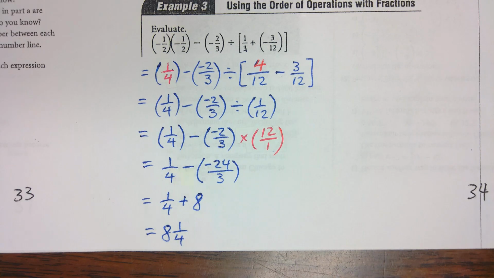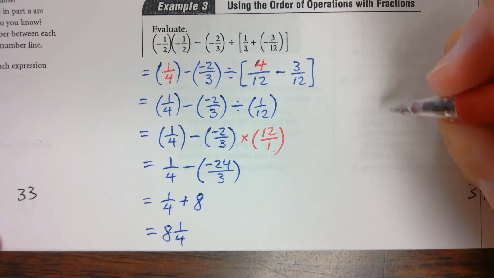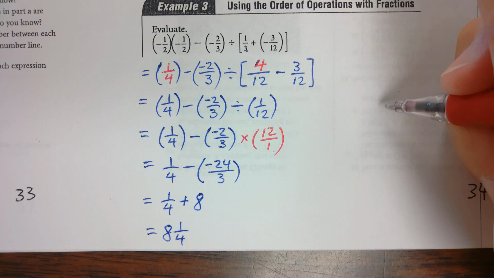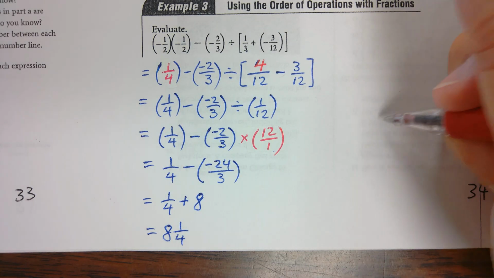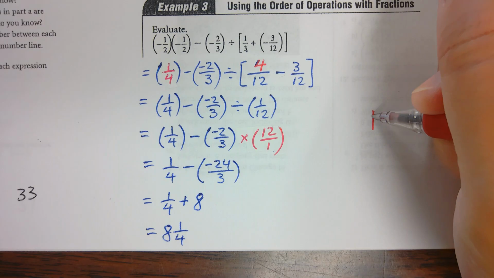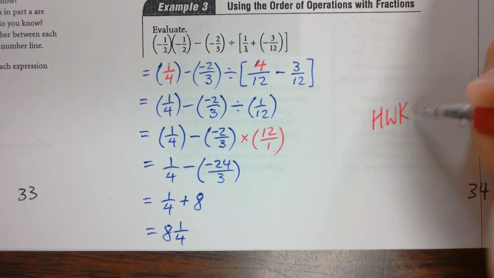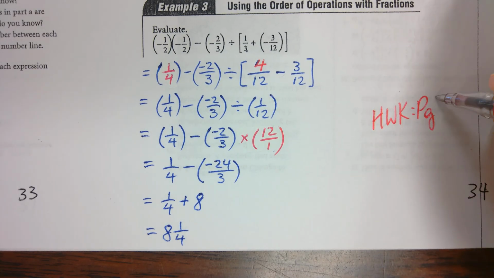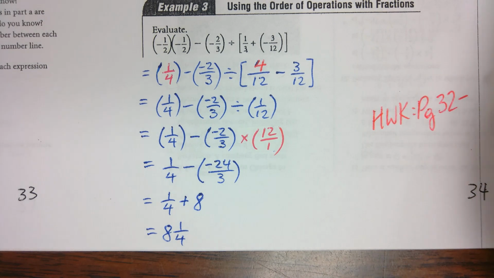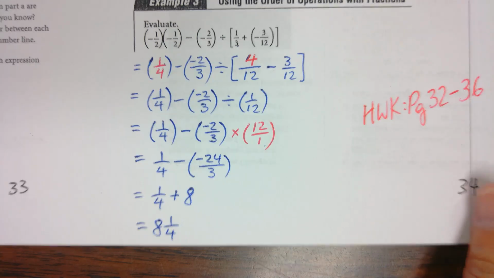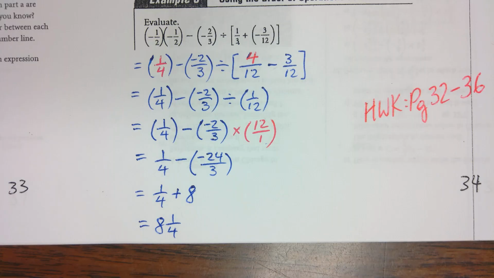Okay. All right. So for the rest of the class, you still have about 25 minutes. You can get started on the homework, page 32 to 36. If you look at it, it looks like a whole lot. There's like 30 questions there.